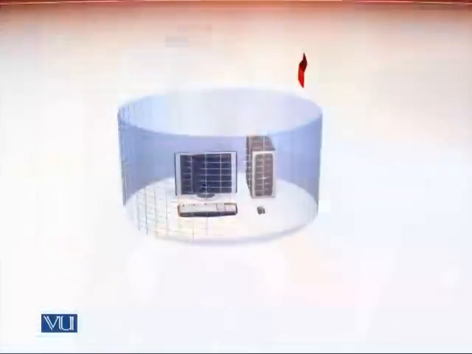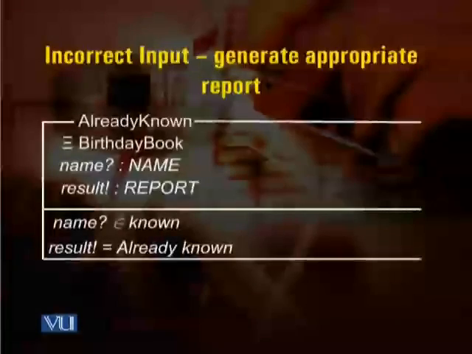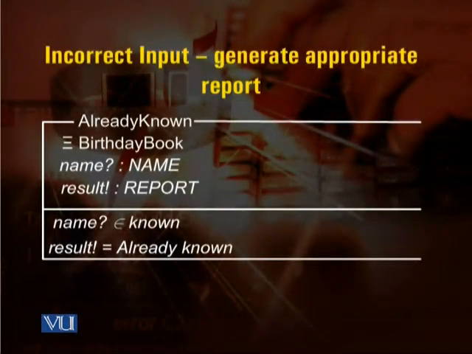सो this is the case when something happens, ये कि जी आपने ये ऑपरेशन किया and it is reported that the operation was successful. Now we have to do something similar when the operation is not successful. So let us see that. So in this particular case, we create a new schema already known, and this already known is a birthday book, where it says that the birthday book, the state will not change.